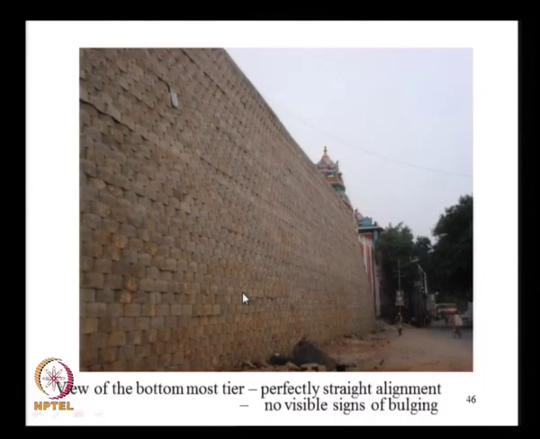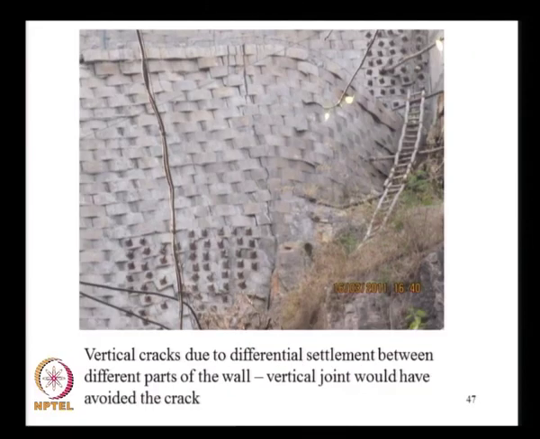Actually it is perfectly straight, absolutely no lateral deformations or anything, or no settlements, because the foundation soil is extremely strong. But unfortunately there were some problems, because some part of the wall is directly resting on the hillock, whereas the other part of the wall is resting on the soil.